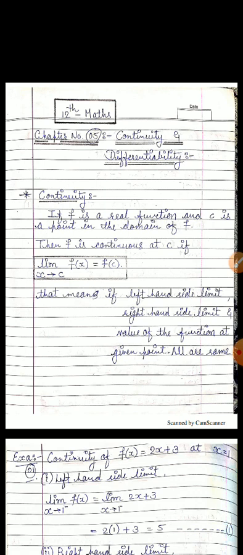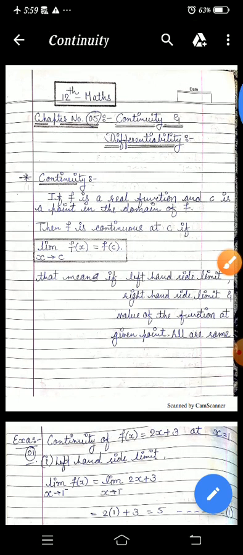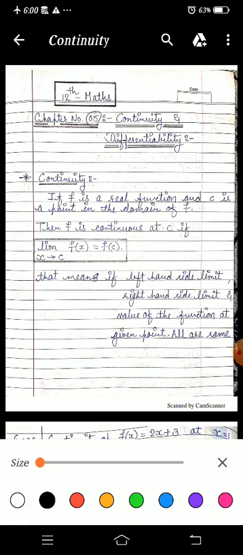The first definition of continuity is that suppose f is a real function and c is a point in the domain of f. If f is continuous at c, then limit x tends to c, f of x must be equal to f of c.